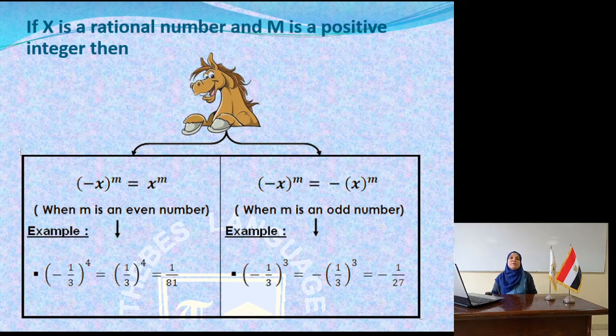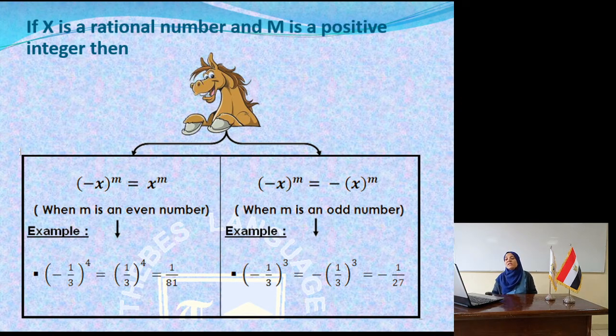Why? If we have (negative 1 over 3) to the power 4, that means negative 1 over 3 multiplied by itself 4 times. And as we know, negative times negative equals positive. So the negative will be positive. It will be (1 over 3) to the power 4 equals 1 over 81.